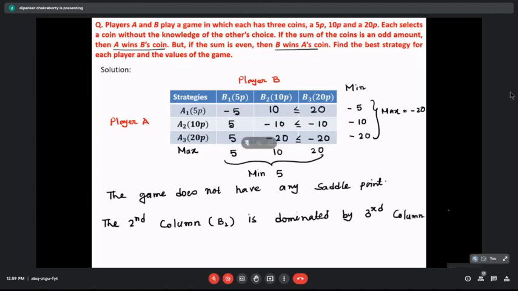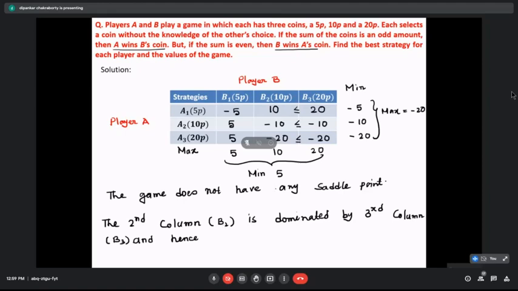So what you are going to do? Which column will be deleted? For a column, which column do we try to keep? Remember that.